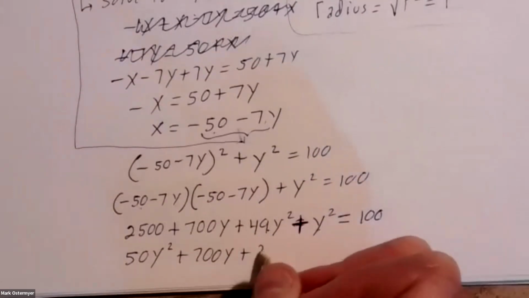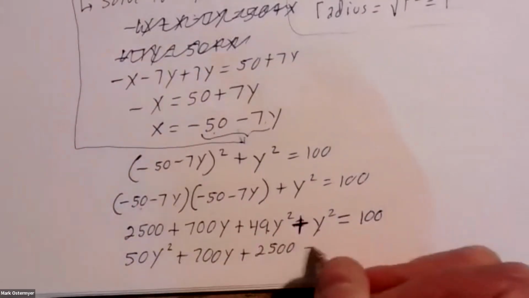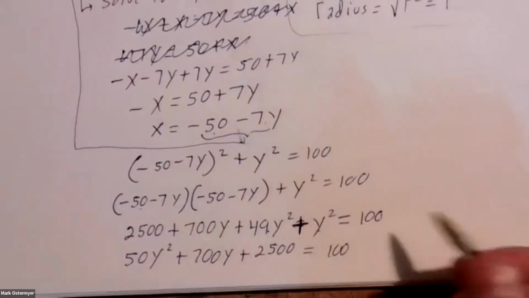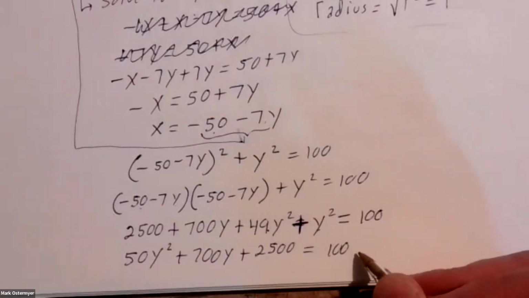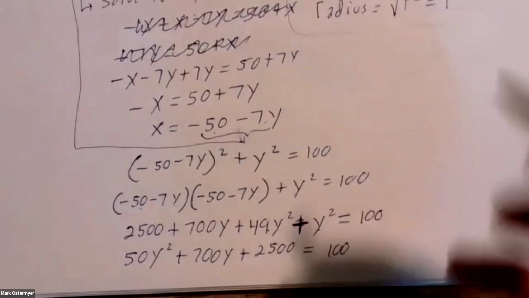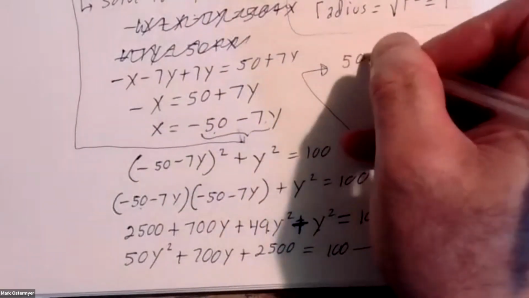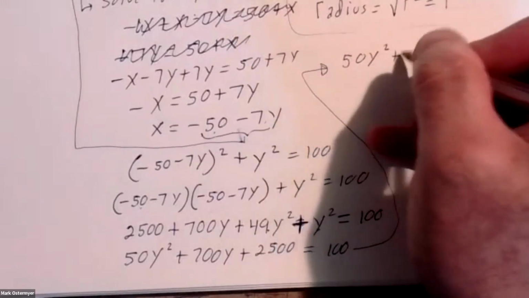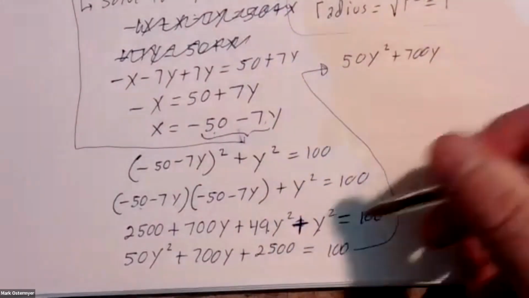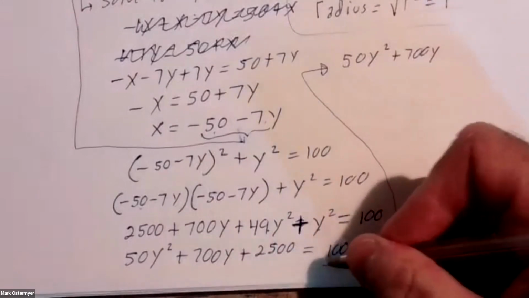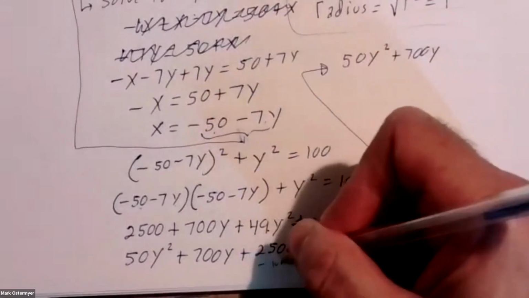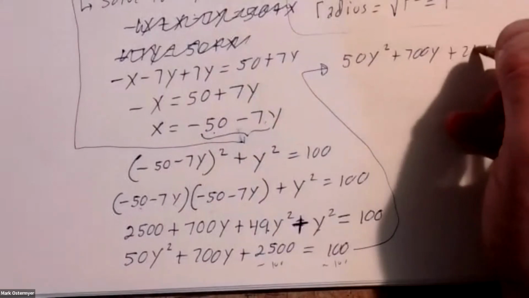Just rearranging this so that it is in descending order. Subtracting 100 from both sides to zero this equation out. I will continue up here. 2,500 minus 100 is going to be 2,400.